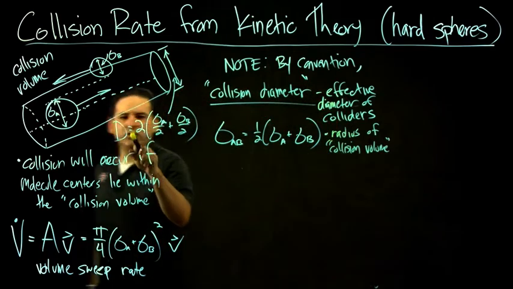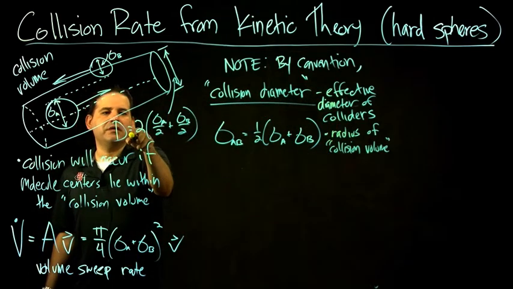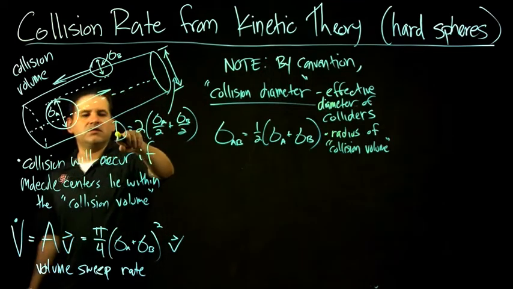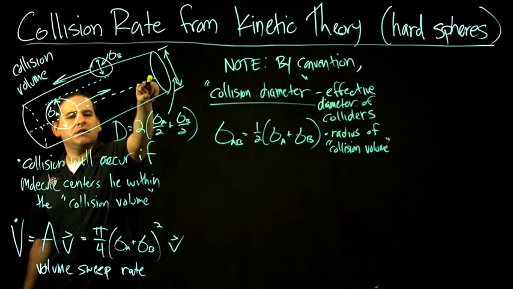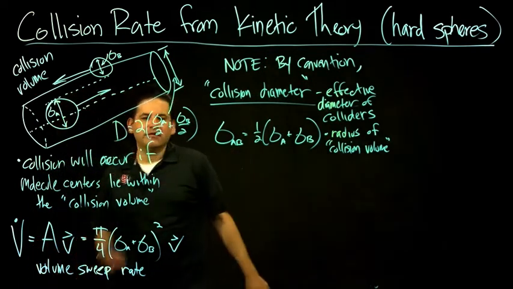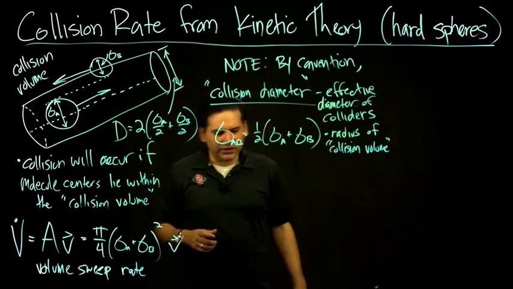So this D we drew here is not the collision diameter. The collision diameter is the radius. So if D is this diameter, D over 2 is the collision diameter. That's one thing to keep in mind.